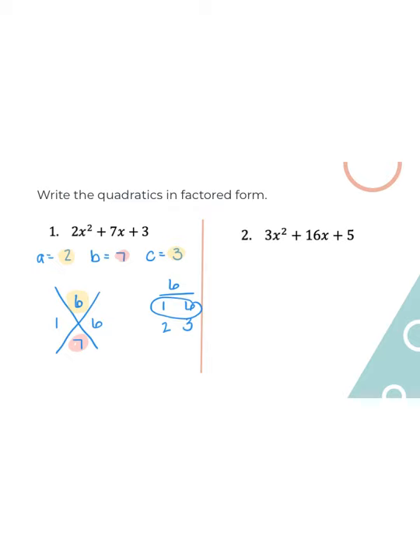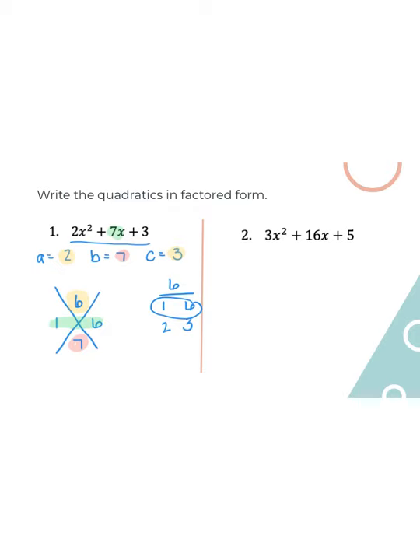So now that I have that, I'm going to rewrite the polynomial. The polynomial is this whole thing right here, but I'm going to split up that B term. So this B right here, this 7x, I'm going to replace with a 1x and a 6x. So let me show you that here.